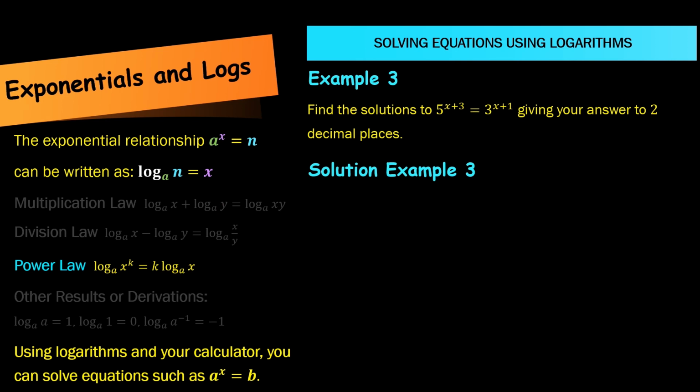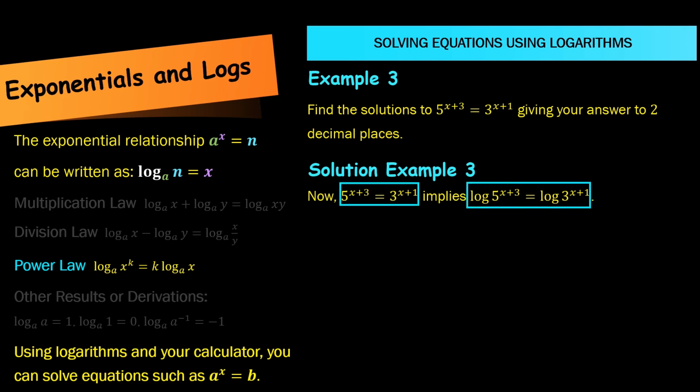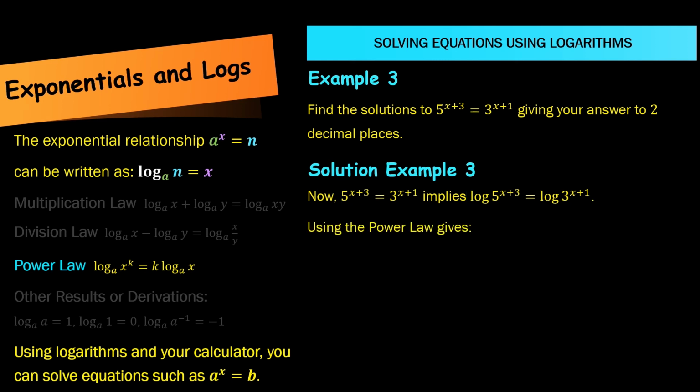So let's solve this. If we log both sides of this equation, we have log 5 to the power x plus 3 equals log 3 to the power x plus 1. And then, using the power law, gives x plus 3 times log 5 equals x plus 1 times log 3.